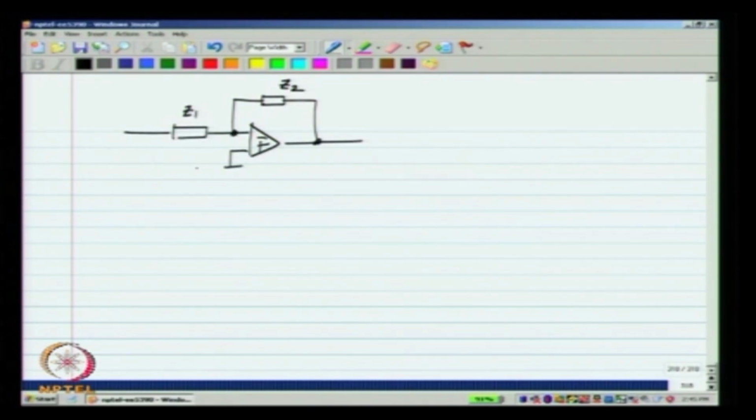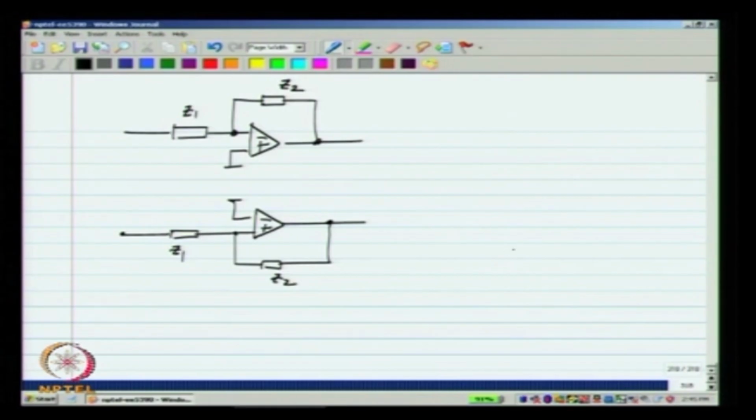So, we have this. Now, let me copy over and draw the same thing upside down. Okay, Z1, Z2. Now, these are two single ended circuits.